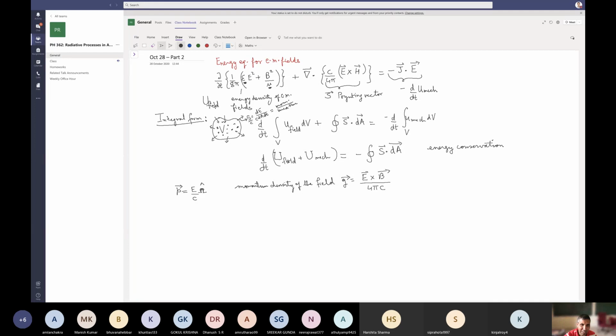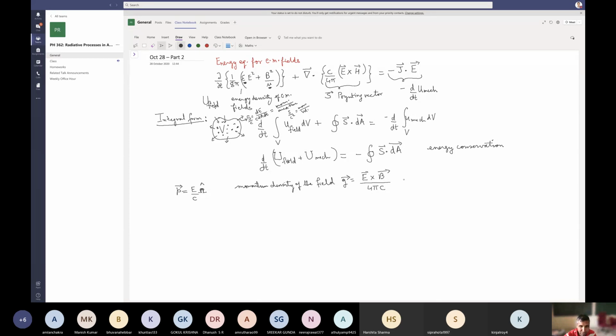But if we divide this further by C, so S by C squared, which is momentum per unit volume, that is nothing but momentum density. So the first division by C gives us momentum flux. The second division by C gives us momentum density.